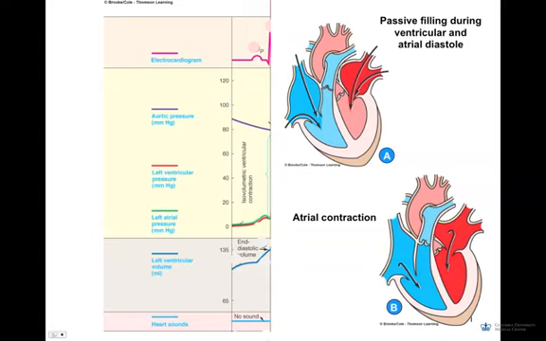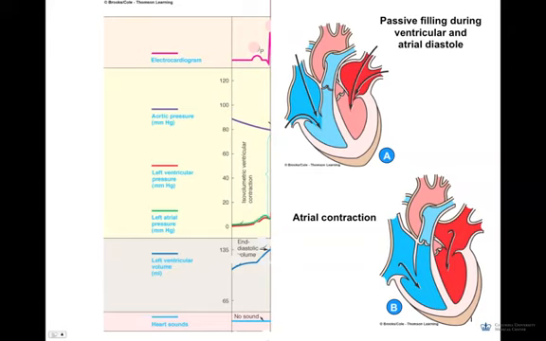Let's look at what's going on before and then during that P wave. First of all, the pressure in the aorta is sitting up here at around 80 millimeters of mercury. And then all the way down here, we have left atrial pressure and left ventricular pressure, the green line and the red line.